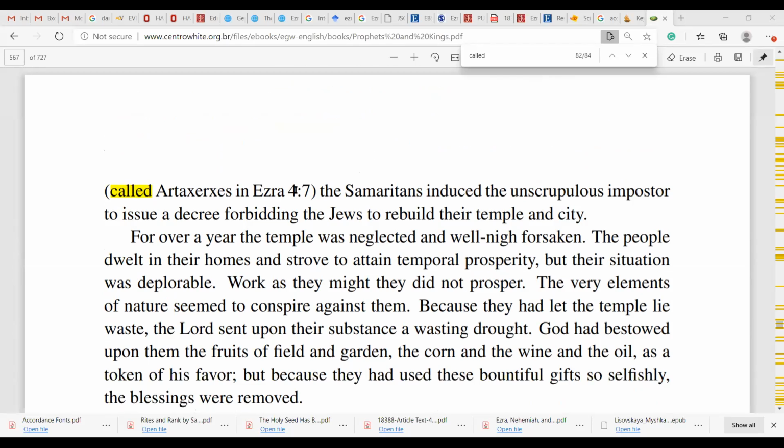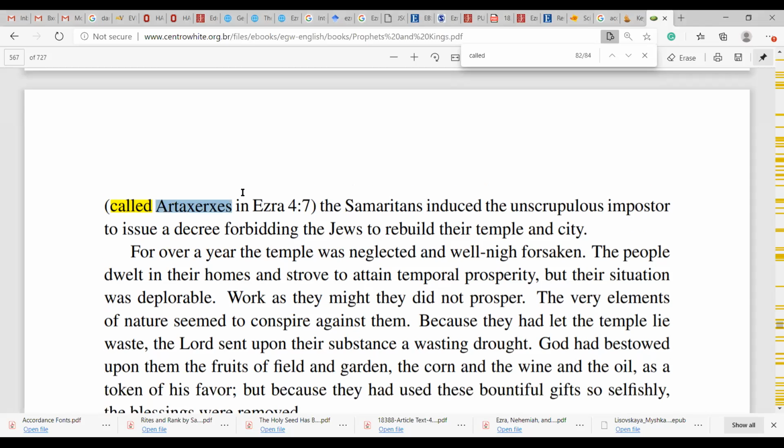The people who were already in the land wrote an accusation against the residents of Judah and Jerusalem. During the time of King Artaxerxes of Persia, Bishlam, Mithredath, Tabeel, and others wrote the letter. So do you see, she says that in 4:7, Artaxerxes is not Artaxerxes, but he is false Smerdis.